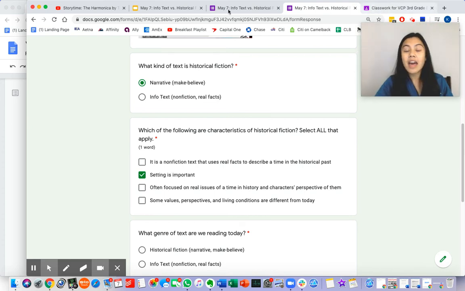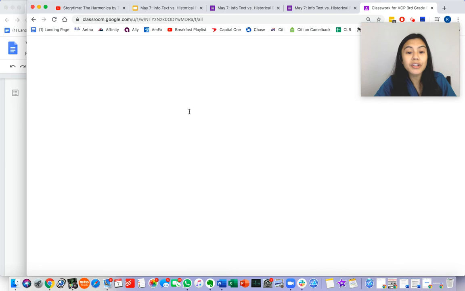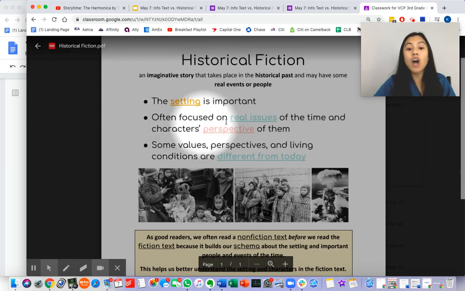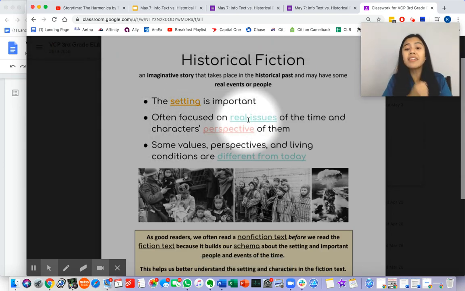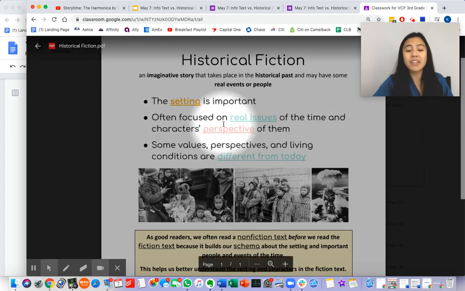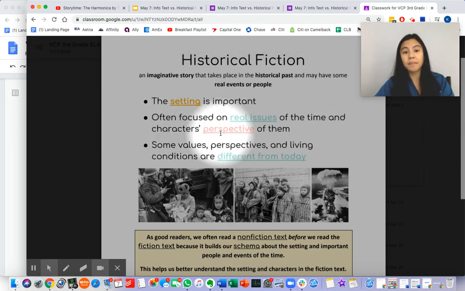Good. Our second characteristic of historical fiction is that it is often focused on real issues of the time and different characters' perspectives of them. So, yesterday we read about the Holocaust, and we read about this horrible event in which millions of people, mostly Jewish people, were killed because one leader of Germany named Hitler had a perspective of them that they were less than human and they didn't deserve to live.